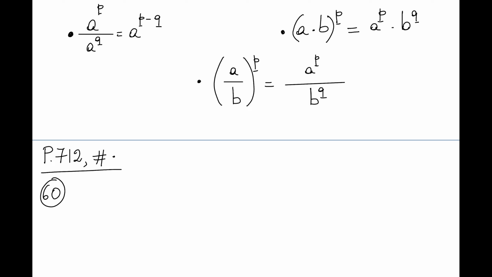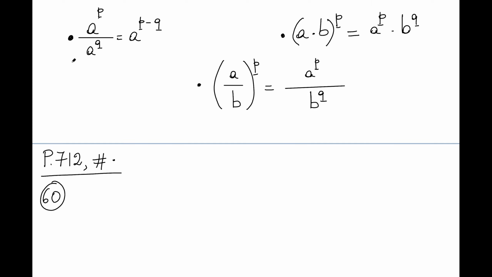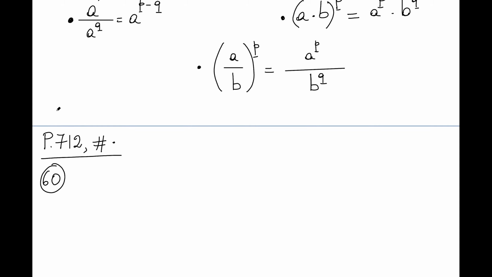So the question is, use properties of rational exponents to simplify each expression, so the properties that we just discussed above. Assume that all variables represent positive numbers. So in this context, all the variables are supposed to be positive numbers. Number 60 is x to power half times x to power 2/3.